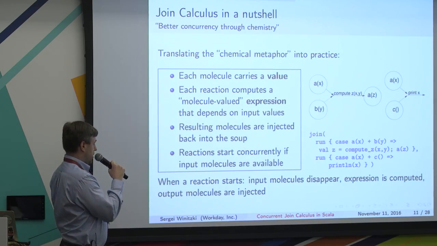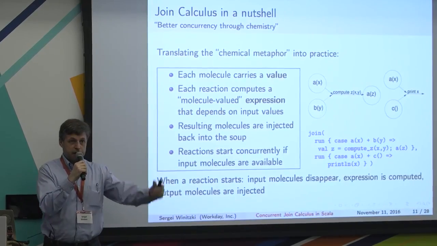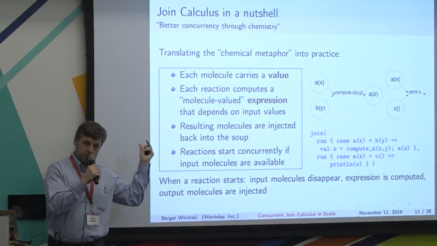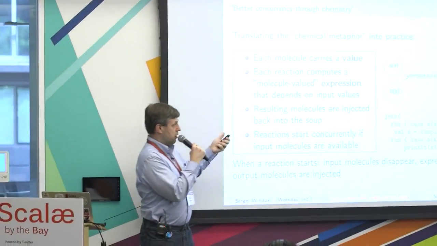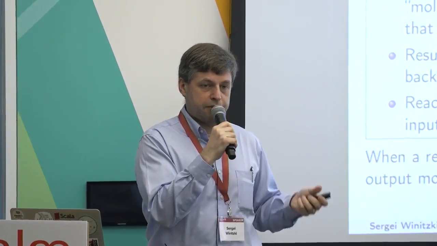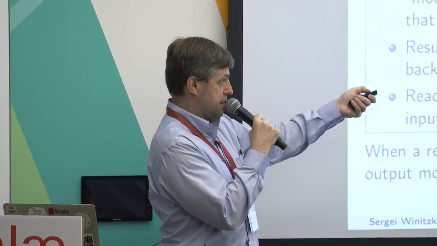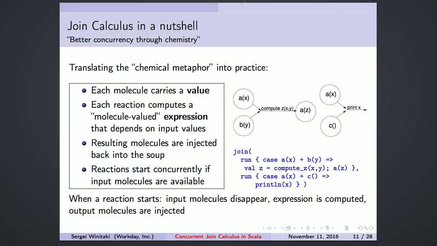In other words, we just inject some molecules into the soup, now with some values. The simulator will find all the reactions that can proceed, run them, compute all the values that need to be computed according to these functions that we specify, inject the resulting molecules back into the soup, and go on.